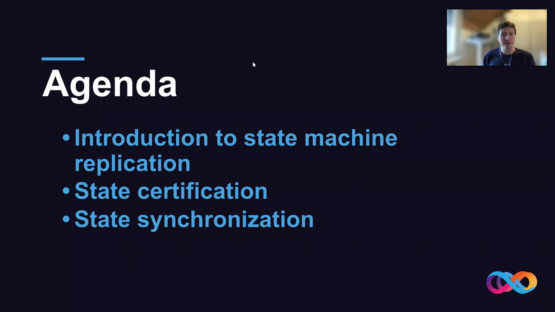So the plan today is to first take a look at state machine replication, introduce some concepts required to understand the model. Then we'll look at state trees and certification. If you heard about chain key technology, this is related to this.